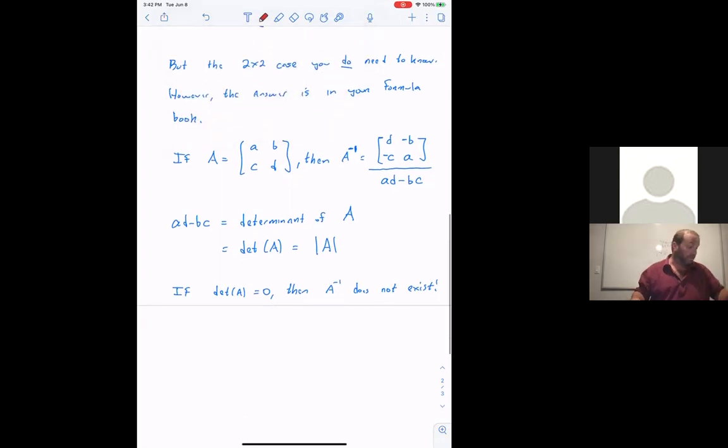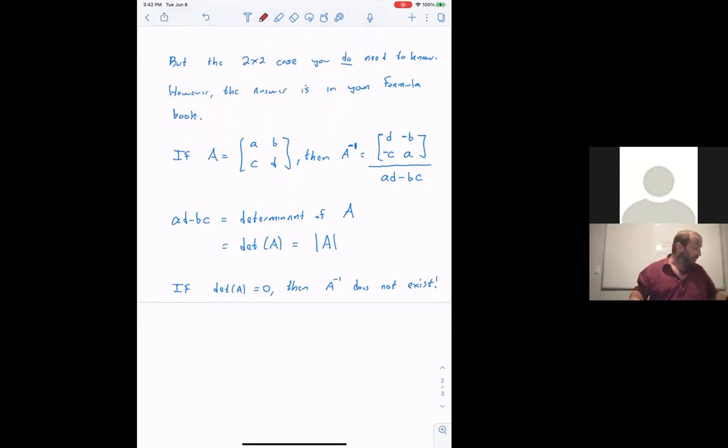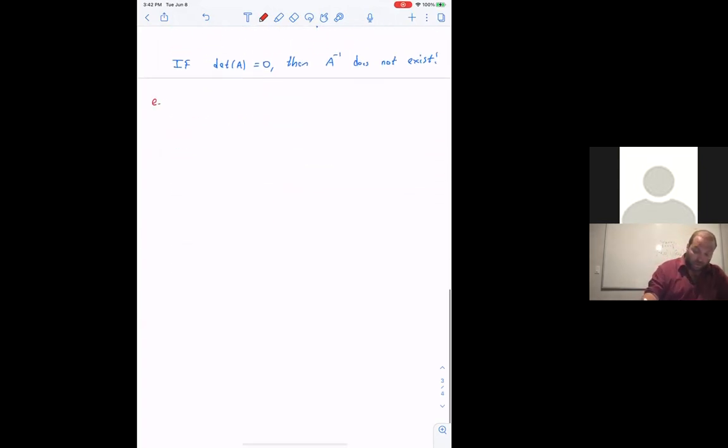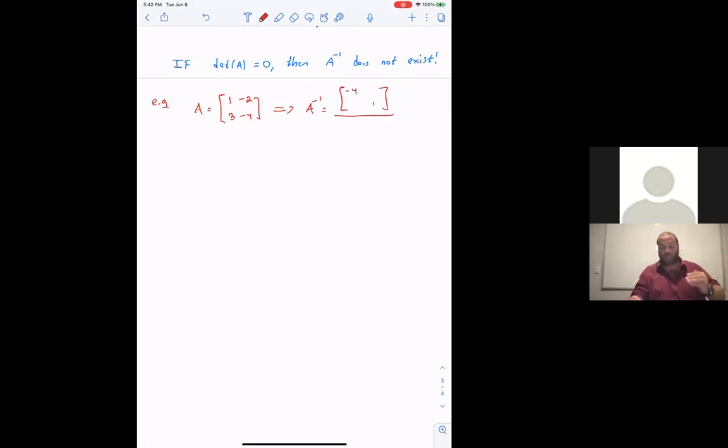Given that information, let's go ahead and do some examples. First, A equals the matrix 1, -2, 3, -4. What is A inverse? Well, just follow the rules. The 1 and the -4 switch places, so -4 goes top left, 1 goes bottom right. The two minor diagonal elements change signs, so -2 becomes +2 and 3 becomes -3.